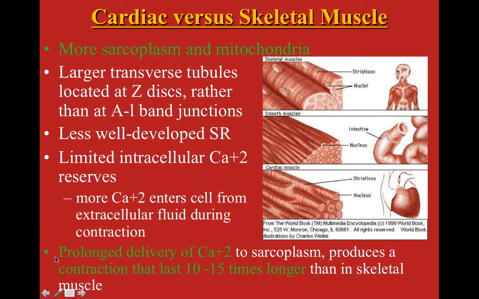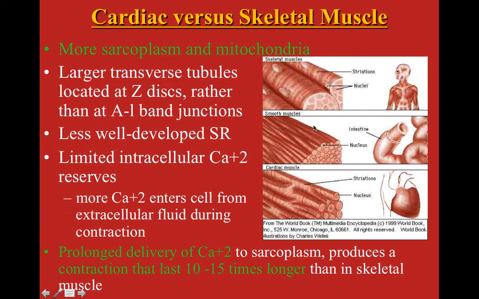This last point here, the prolonged delivery of the calcium ion into the sarcoplasm produces a contraction that lasts 10 to 15 times longer than the skeletal muscle fibers themselves. So it is a prolonged contraction. Those actin and myosin heads, when the contraction occurs, will last quite a bit longer than what skeletal muscle fibers do.